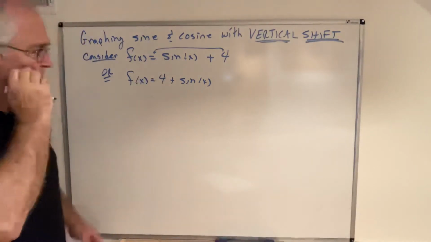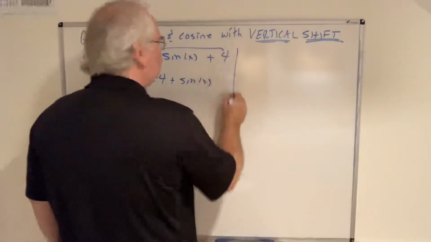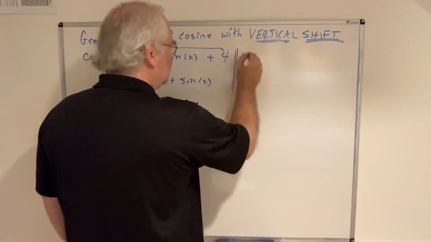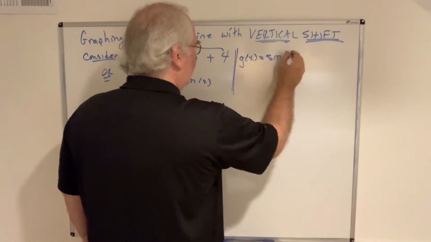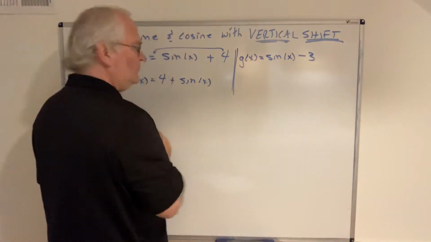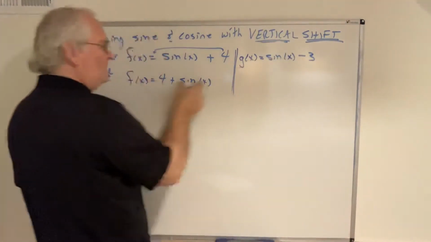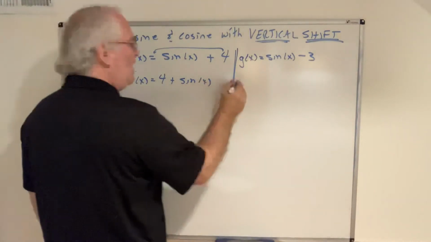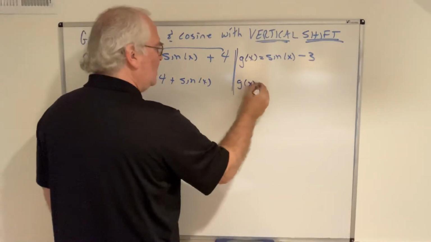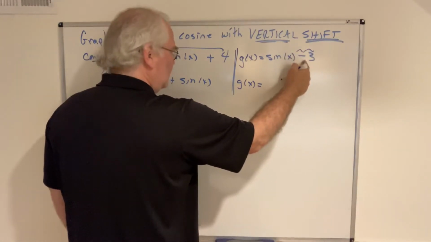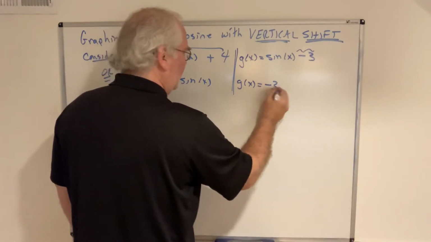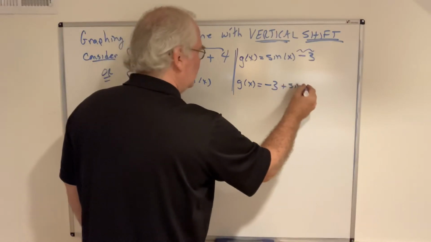Now, you do need to be a little bit cautious. Be very cautious here. If g of x is sine of x minus 3, then if this is put in the front in this fashion, very often what you will see is this. The sign goes with the value behind it. So you'll see negative 3 plus sine of x.